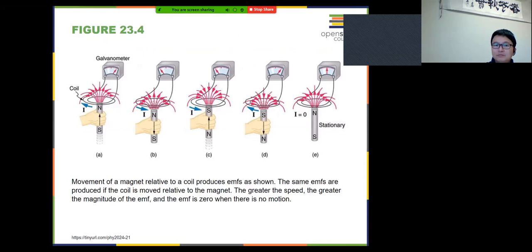And then the current induced there, you can see depending on the terminals on the galvanometer, so you can tell which direction the current is moving, okay? So, and then if you flip the poles of the bar magnet, then it's the other way around, okay? And then if you have your bar magnet stationary, then there would be no induced current in the coil.